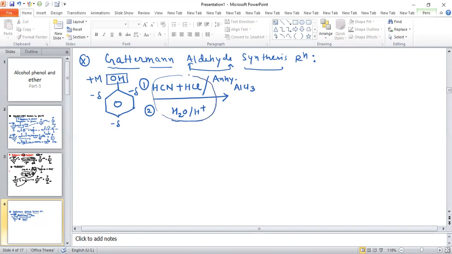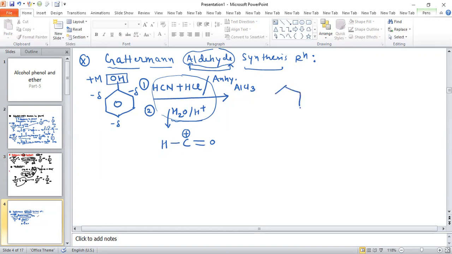By these reagents, the electrophile is generated, and the electrophile generated is again the same: C positive with double bond O and H. So an aldehyde group is introduced. Therefore, we are calling this reaction the Gattermann aldehyde synthesis.